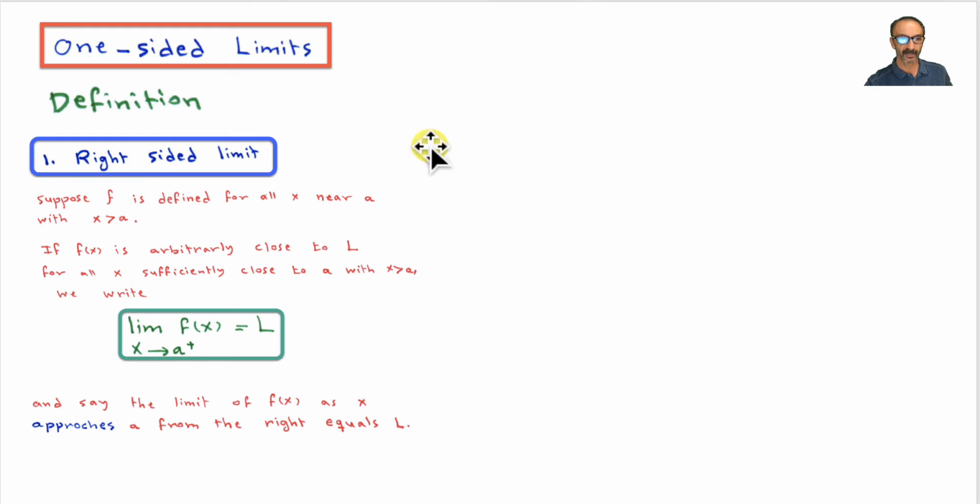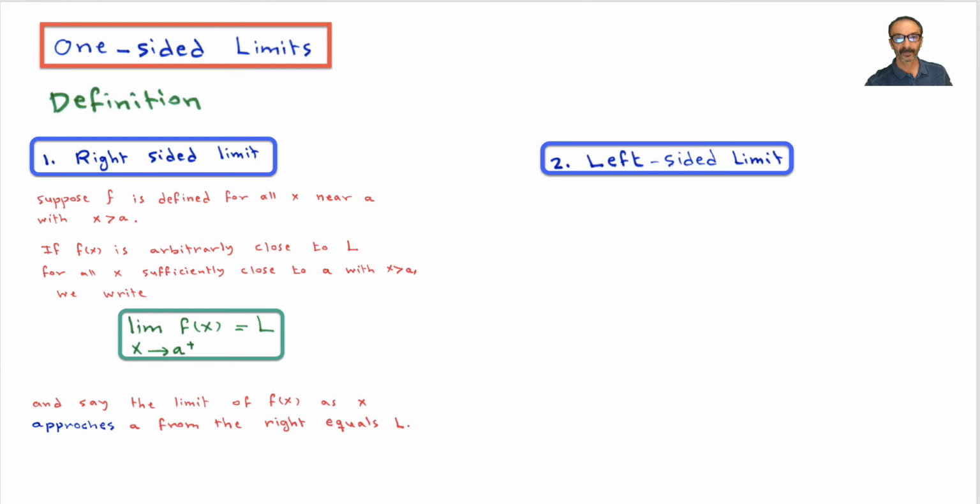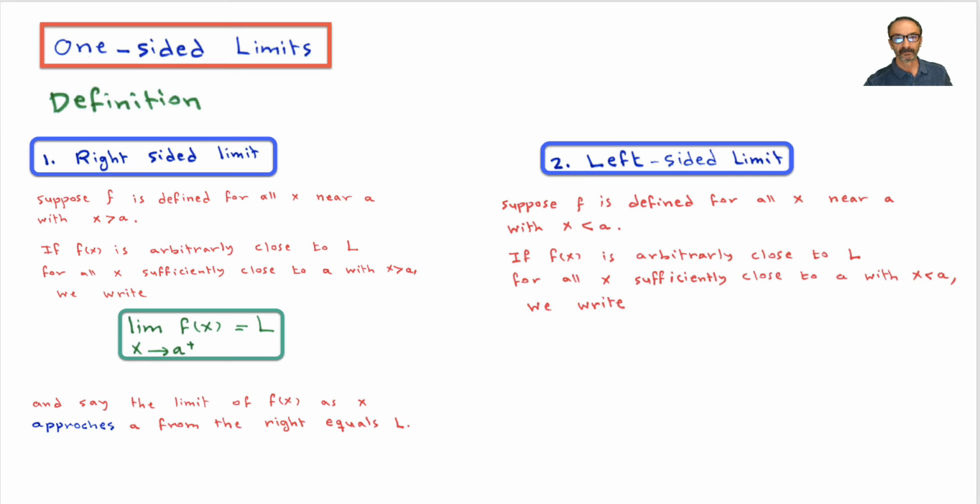Let's go the other way around, which is the left-sided limit. Pretty much it's the same concept, but we are to the left of a. So I'm not gonna read the whole thing, it's the same thing, except when you are approaching a from the left, your x's that you're using are less than that number a.